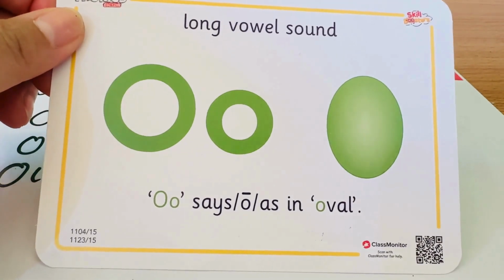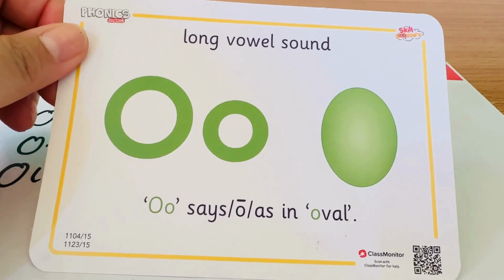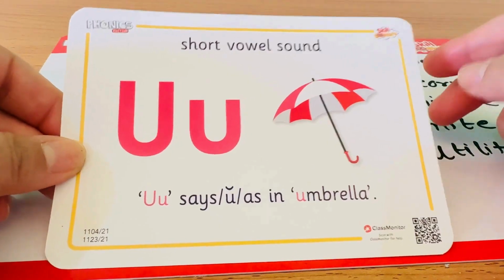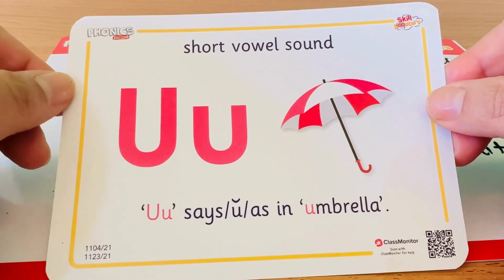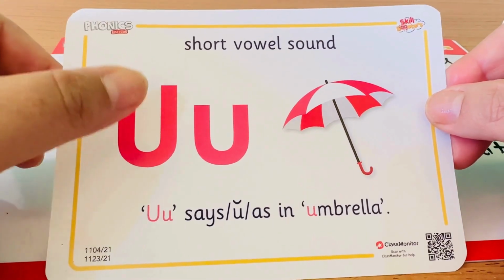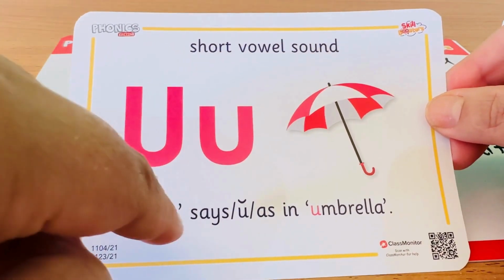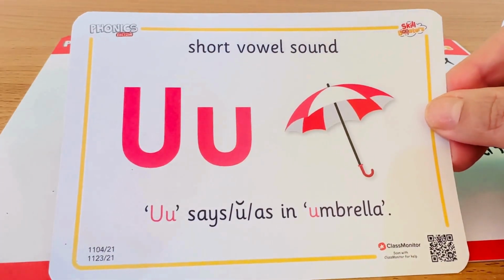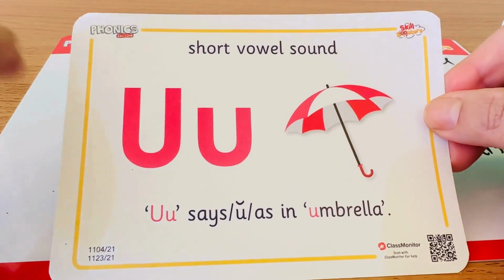Let's move on to our last vowel sound, which is letter U. Now friends, we are going to talk about our last vowel sound. It is letter U. The short vowel sound of letter U is uh, as in umbrella.